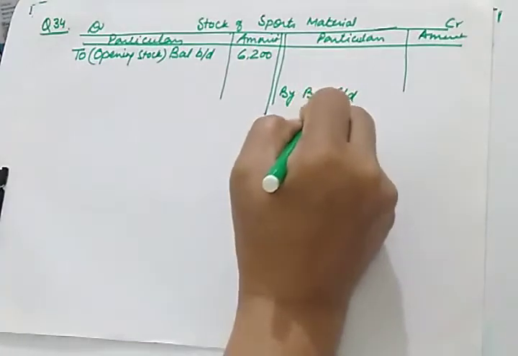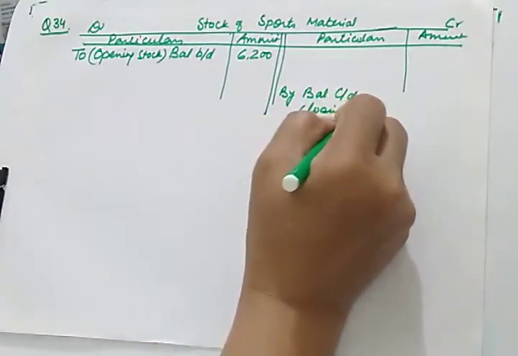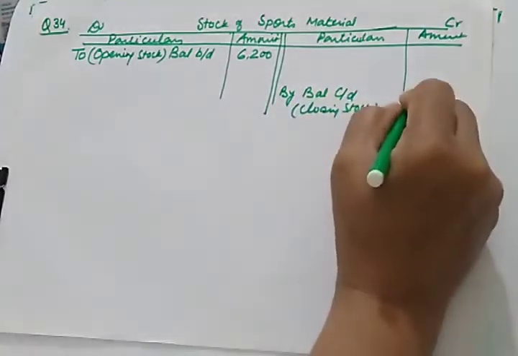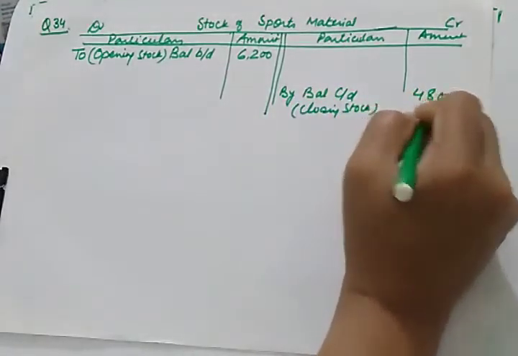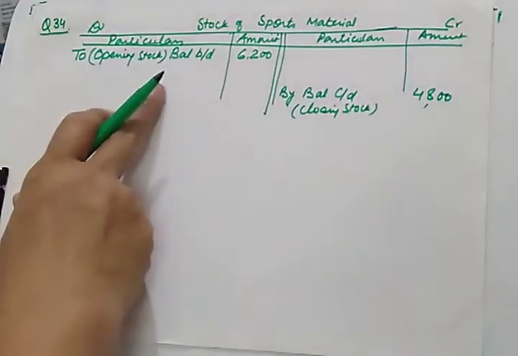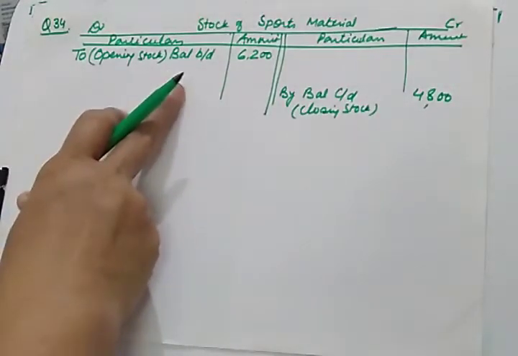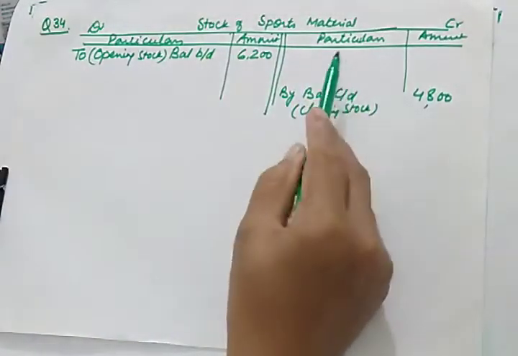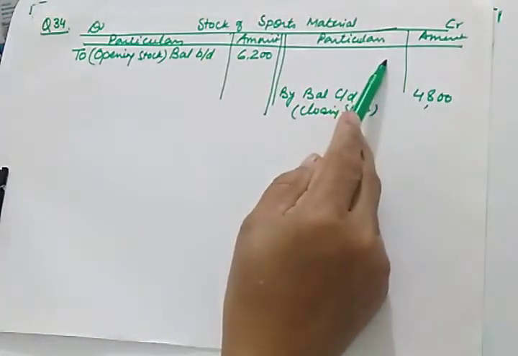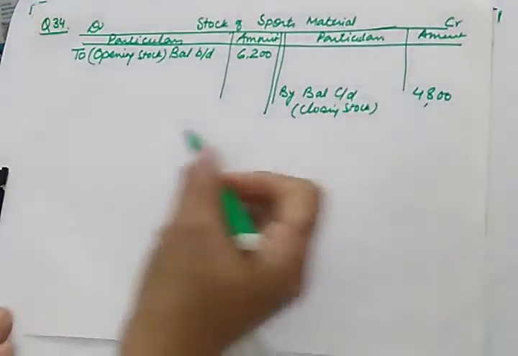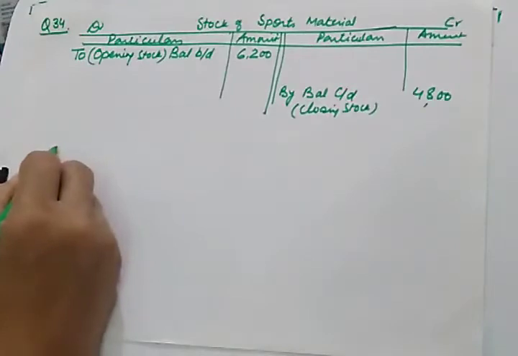This is closing stock, 4,800. And purchases are not given to us. There is no cash purchase. It means all the purchases are credit purchases, and the balancing figure will be the material consumed. So we cannot complete this unless and until we make creditors for sports material.